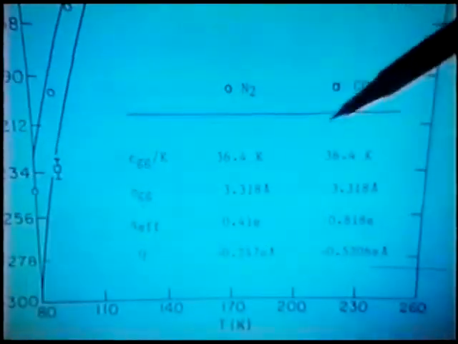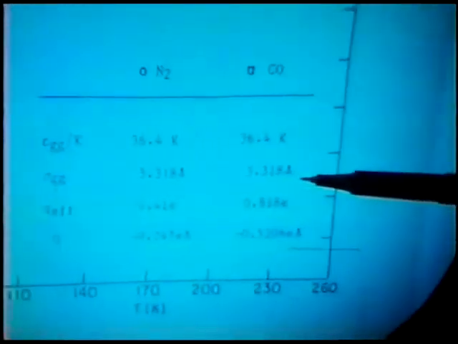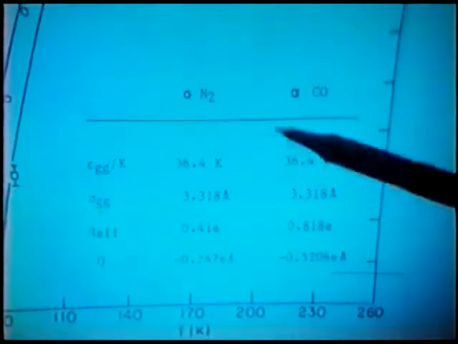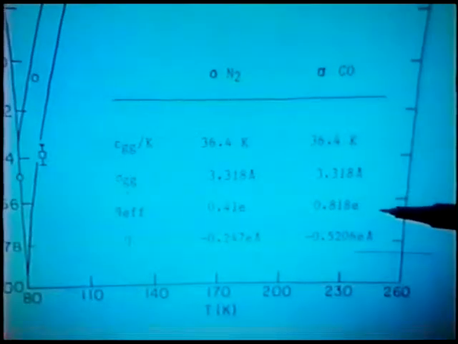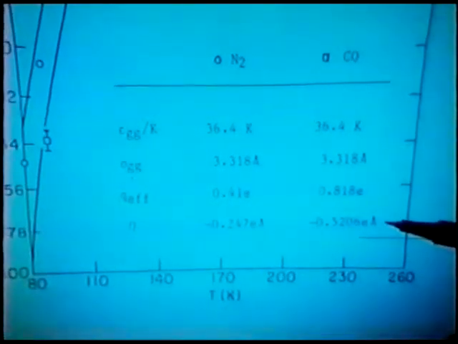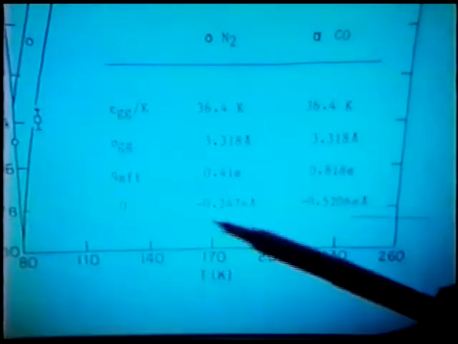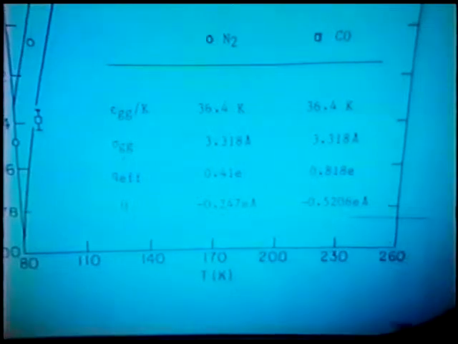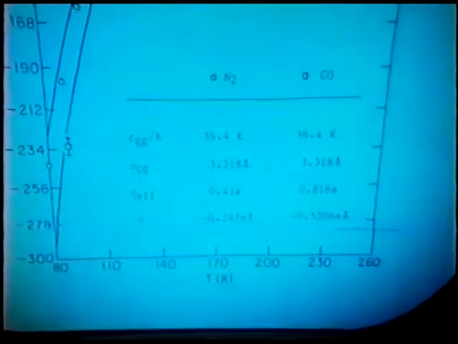We used identical values for the well depth and the distance of closest approach for both nitrogen and carbon monoxide. The only difference in these curves comes in the effective charge that we used. For carbon monoxide, we used a charge that would reproduce its quadrupole moment. And you can see that using a different quadrupole moment effectively reproduces the experimental virial coefficients.